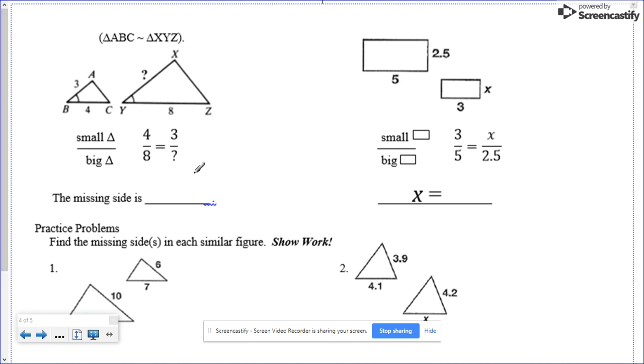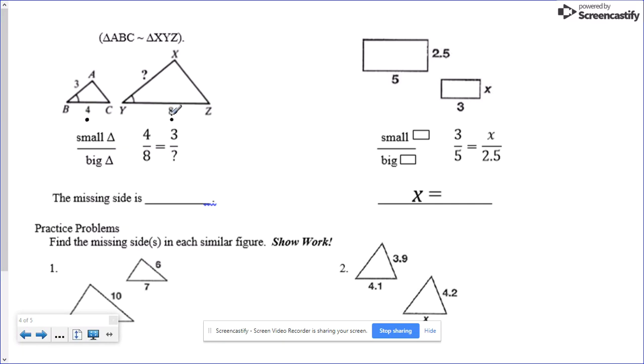So they've told you to always put the small triangle's number on the top of your fraction and the big triangle's number on the bottom of your fraction. This one they set up for you so you can see your fishy problem already. But just so you can see where they're getting this, they are looking here, number 4, and they're putting it over the side that goes with that on the big triangle.